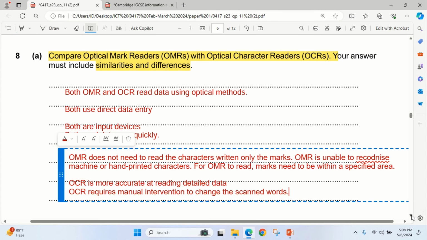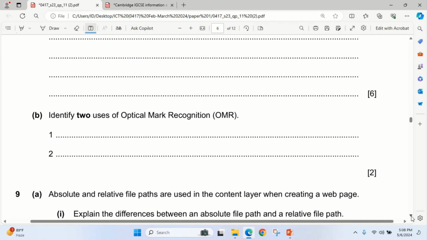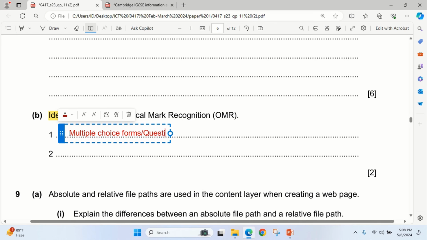Then the next part of the question, which is question 8b, identify two uses. The command word here is identify 2 uses of OMR. So areas where OMR is being used. We can use OMR in multiple choice forms or questionnaires.